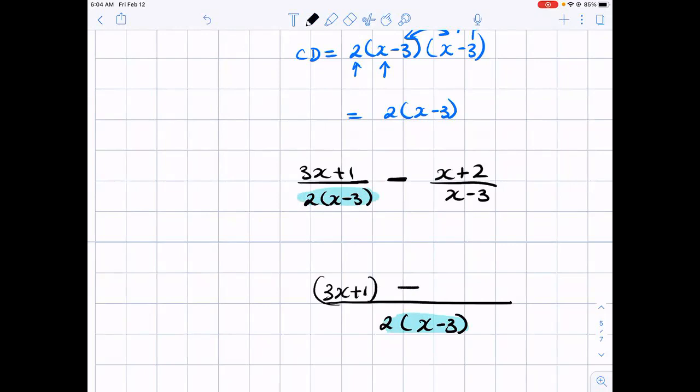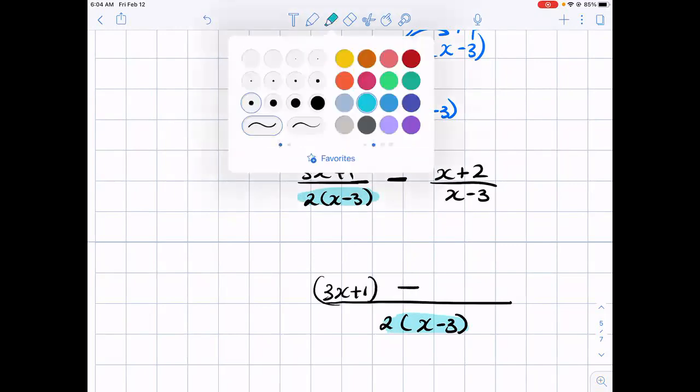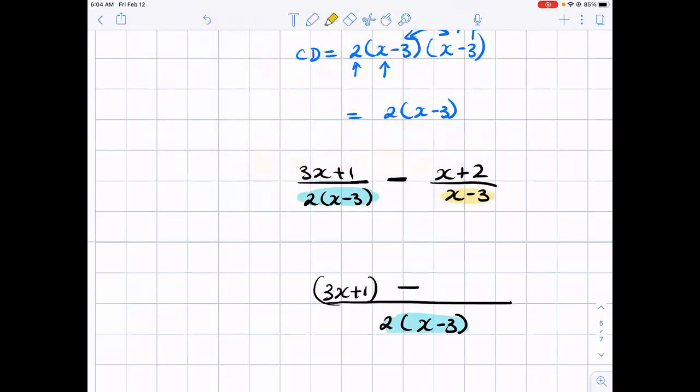Okay, let's compare the next denominator. If you look at this denominator, we have x minus 3. If you compare it with the common denominator, we have 2 times x minus 3. So I'm really multiplying the top and bottom by some factor of 2. Okay.